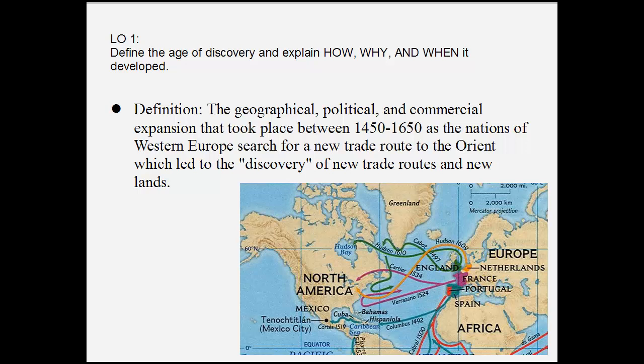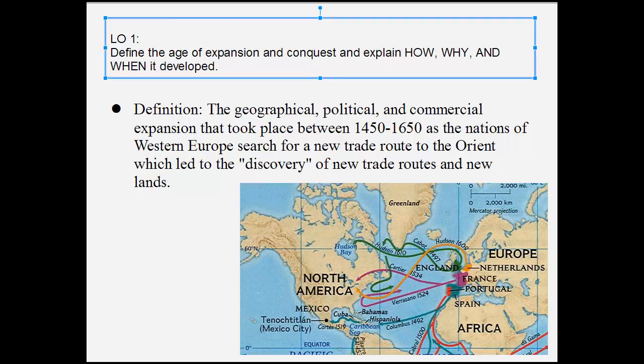For this learning objective, we're defining the age of expansion and conquest, and explaining how, why, and when it developed.